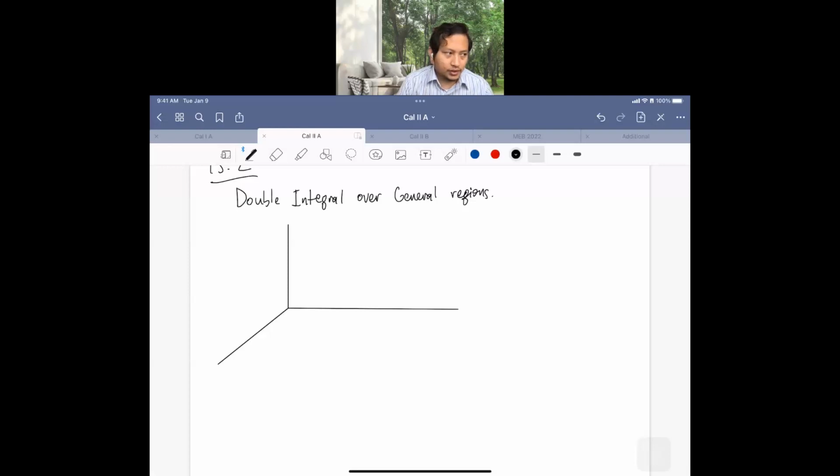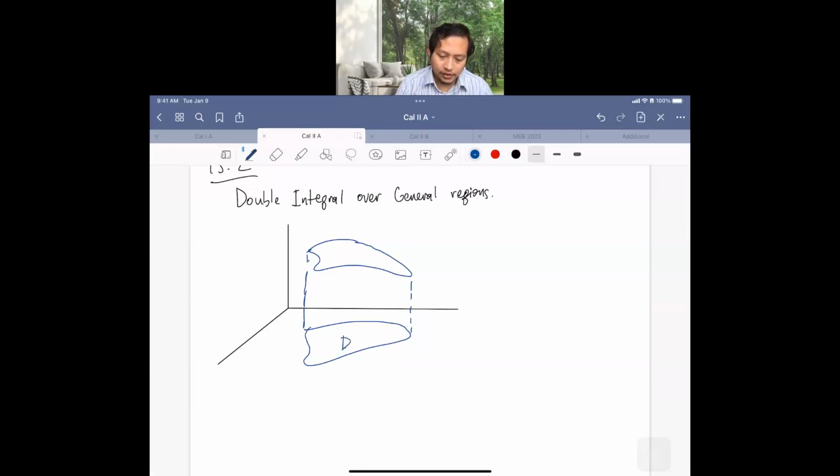If you have a surface like this, you can project this surface onto the plane, and we say that we have D at the bottom.